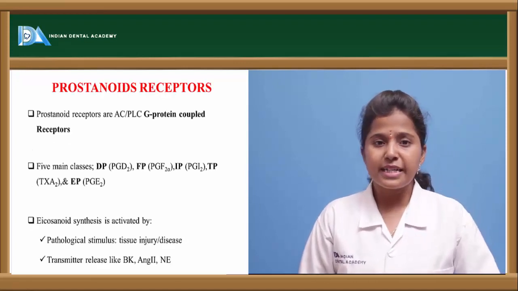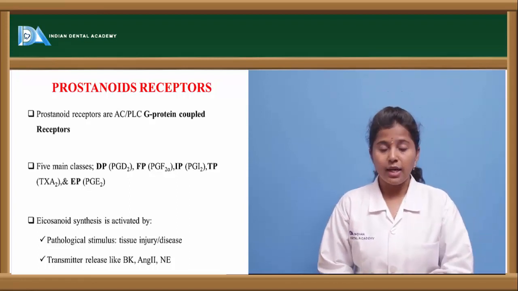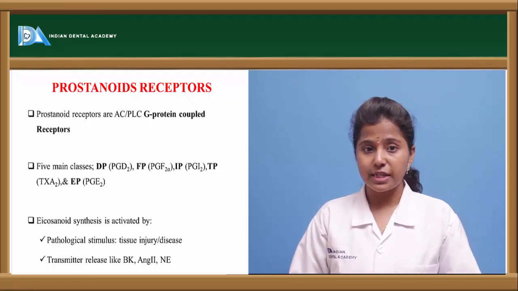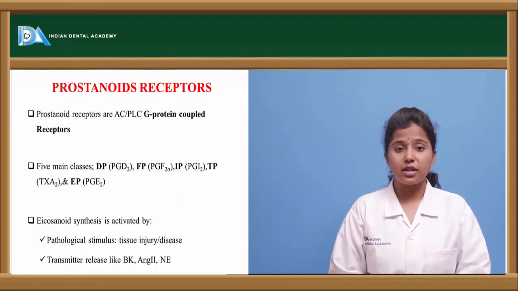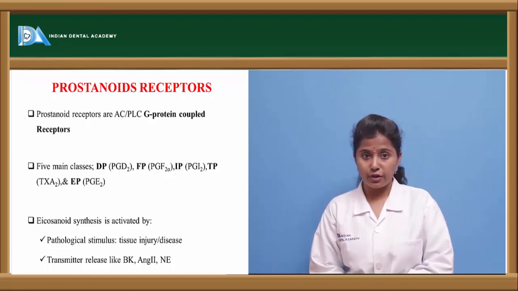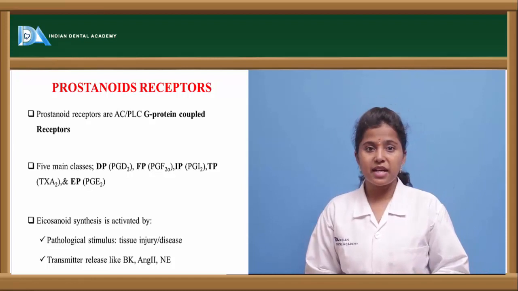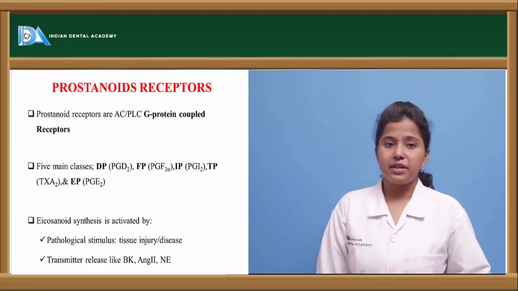These prostaglandins need some mediator by which they act. So these prostaglandins mainly bind to the prostanoid receptors and exert their action. There are five types of prostanoid receptors: DP receptors, FP receptors, TP receptors (thromboxane receptors), EP receptors and IP receptors.